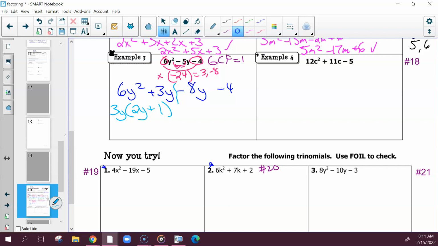And what could we divide out of the second 2? Negative 4, which gives us 2y plus 1. So our 2 factors are 3y minus 4 and 2y plus 1.